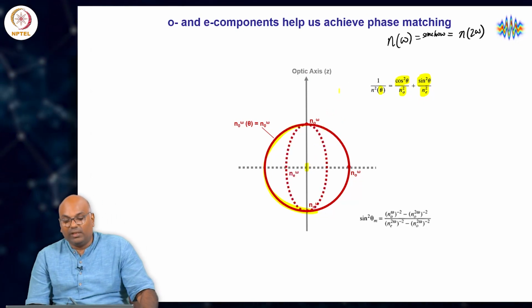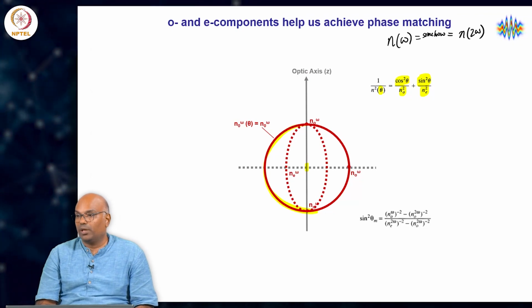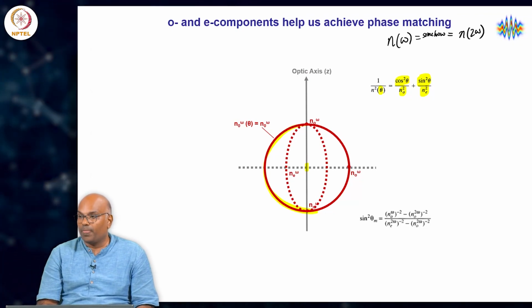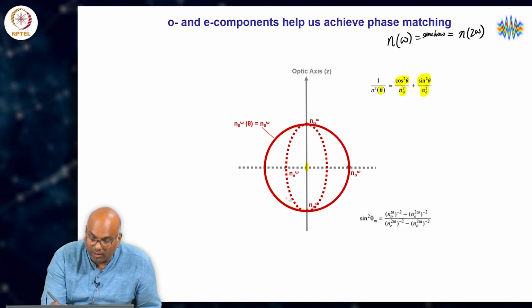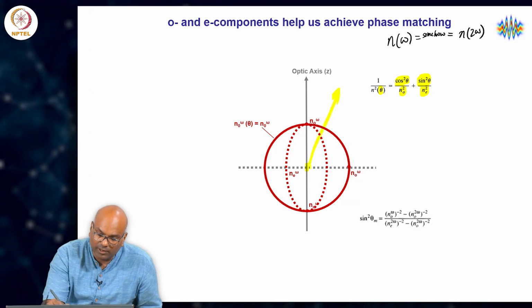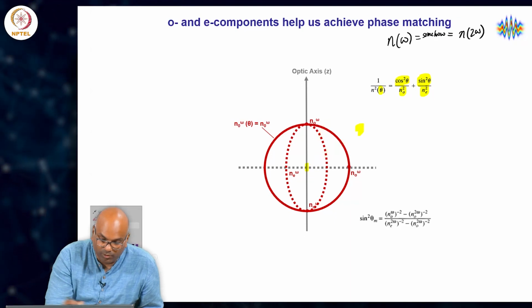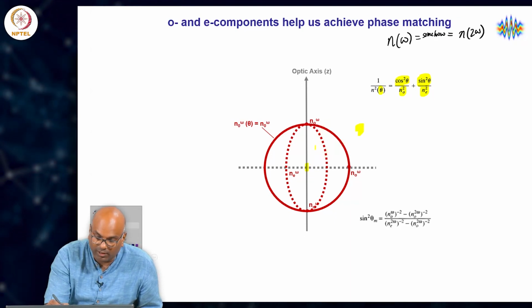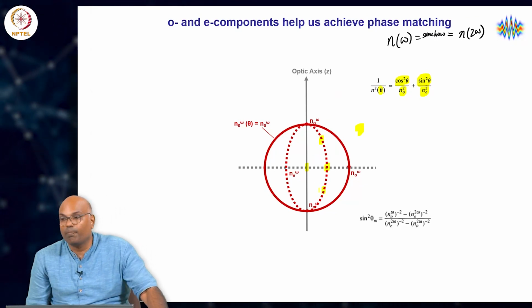Whereas the extraordinary component, Ne of omega, the extraordinary refractive index, depends upon the direction that the k vector makes with respect to the optic axis, right. It can take values based on theta, a value here, value Ne here, and so on and so forth.